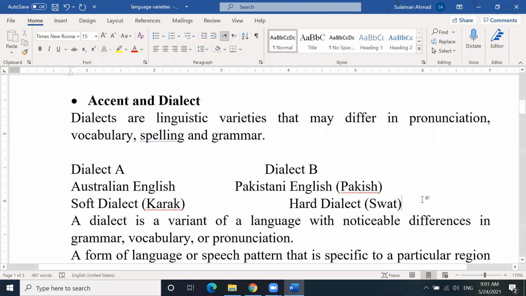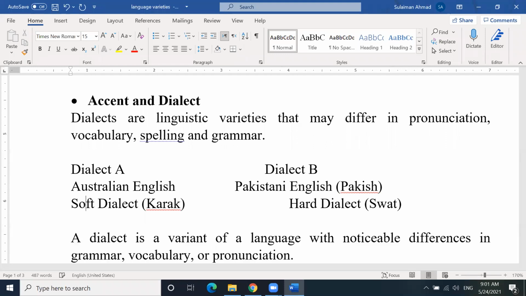See, these are varieties. Let's talk about varieties and dialect, right? You see, dialect A and dialect B are a variety. Better to term them as variety A and variety B. Variety is a general term, used for all these terms: standard variety, standard dialect, standard accent, right?